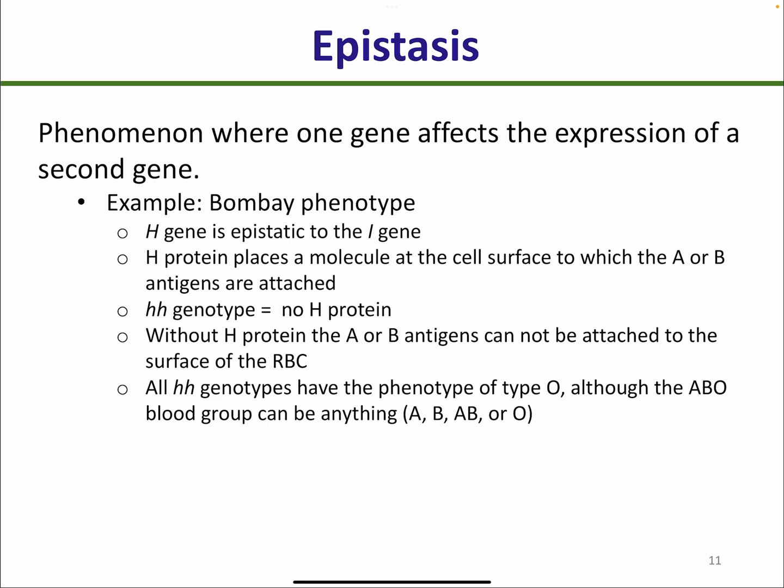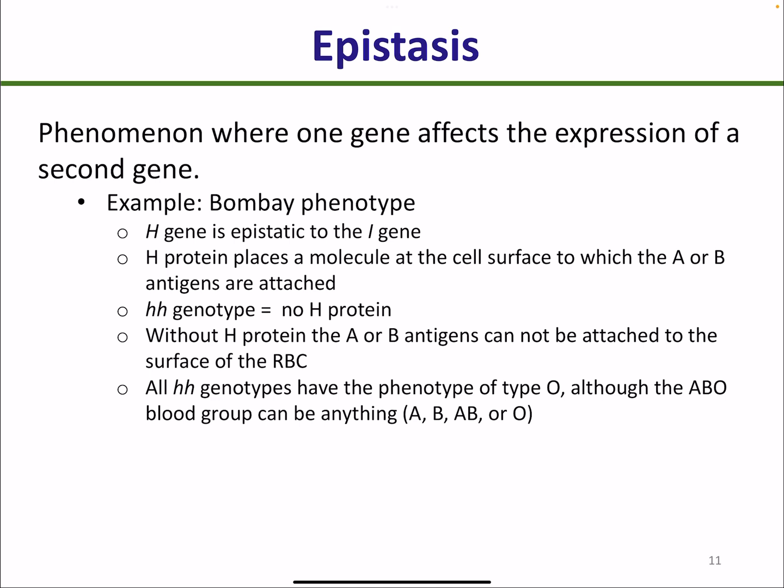We are talking about one gene, say gene A, and another gene, gene B. Gene A, when expressed, can affect the expression of gene B. Or when gene A is absent, that can affect the expression of gene B, right? Everything depends on the interactions that are happening in the cell.